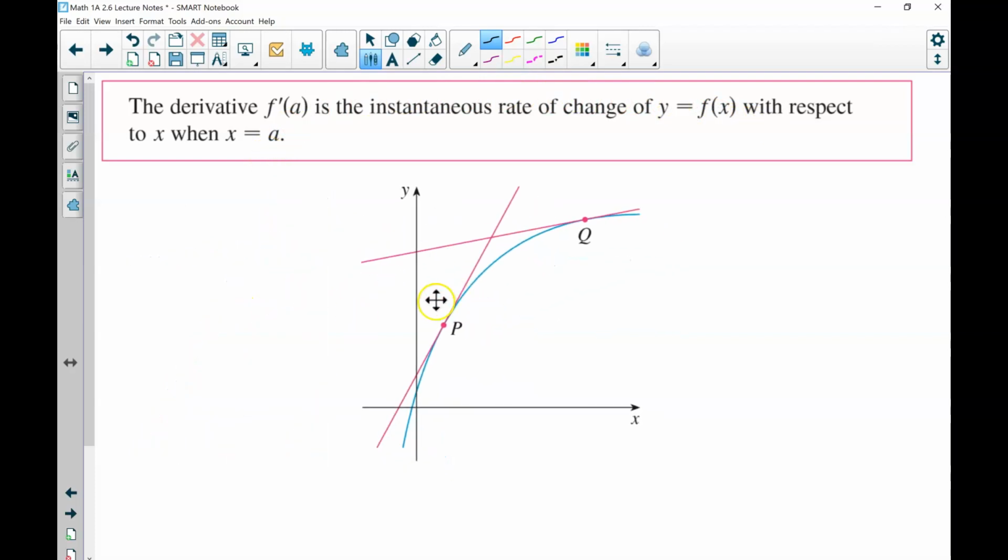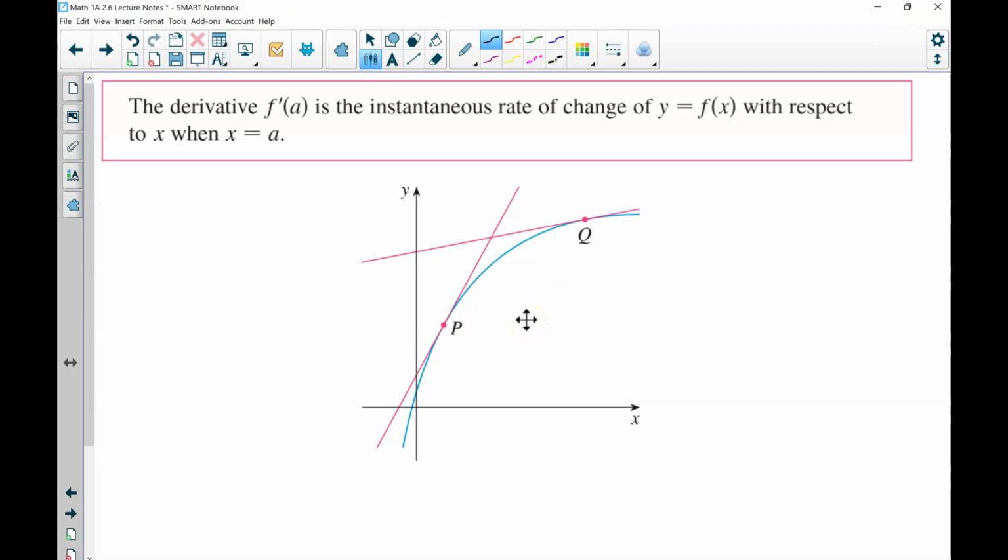So now let's take a look at this graph. The connection with the first interpretation is that if we sketch the curve y equals f of x, then the instantaneous rate of change is the slope of the tangent to this curve at the point where x equals a.